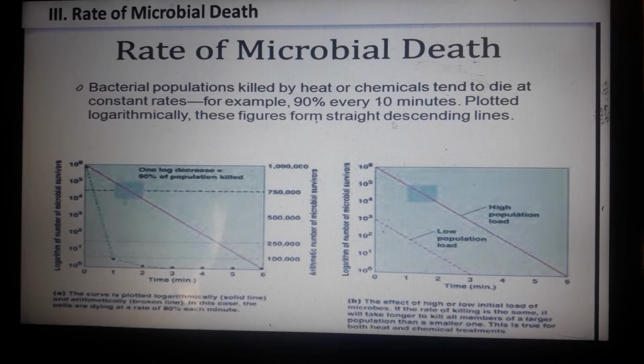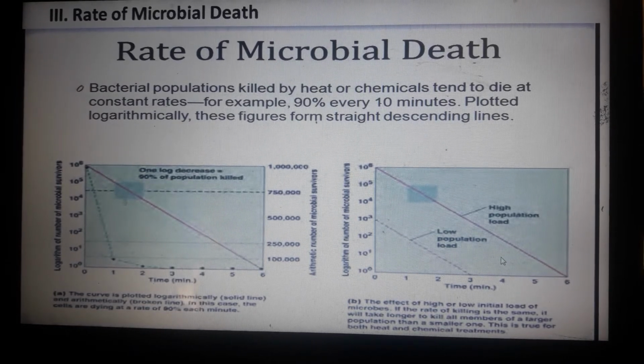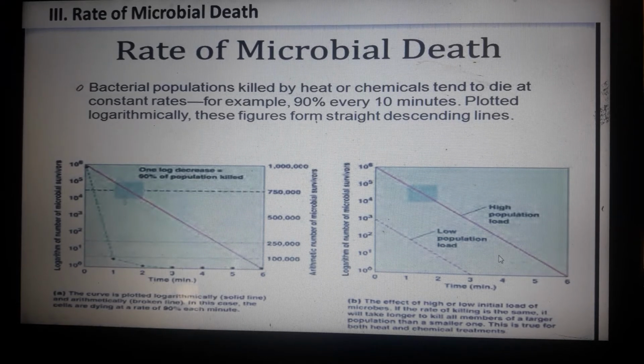While if there are many bacterial cells, the death capacity is slower because it depends upon the population. So if you give the same drug, same dose, but a different quantity of bacteria, with a large population the death rate is slower because there are many of them. If there are only a few bacteria, the same dose of drug gives a faster death rate.